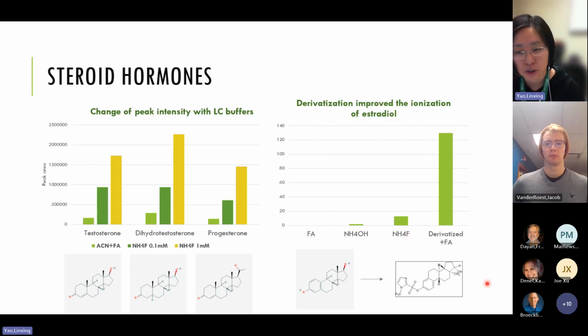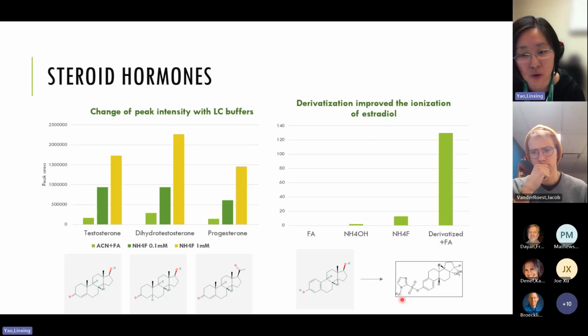So we turn to a derivatization approach. We add a derivatization group that is more easily ionized in the instrument. When we run this derivatized sample in the formic acid buffer, we got a substantial improvement in the sensitivity for these compounds.